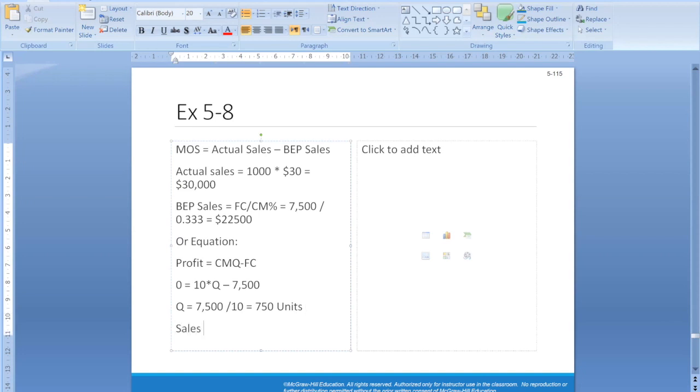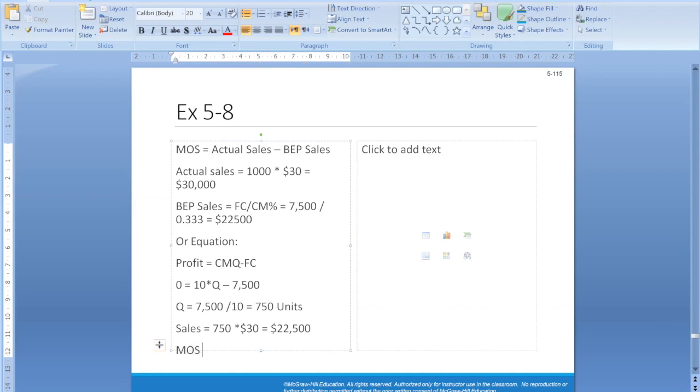Sales are equal to 750 times the price of 30, which equals 22,500.